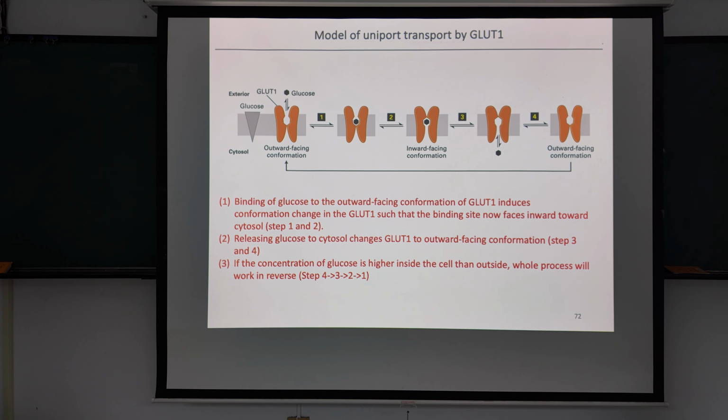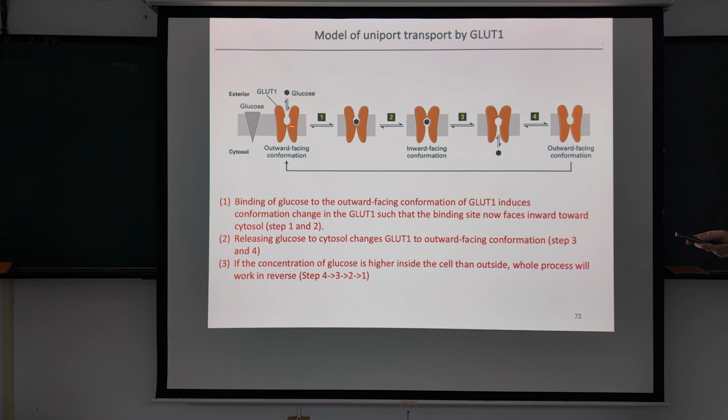So this is an example of a uniporter, from group 1. It stands for the glucose transporter, GLUT1. Here the glucose has a higher electrochemical gradient on this side compared to the other side. Basically, GLUT1 keeps changing between this conformation and this conformation.